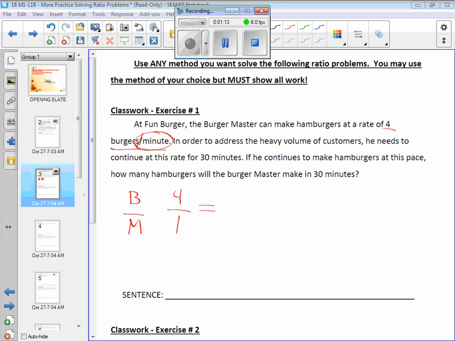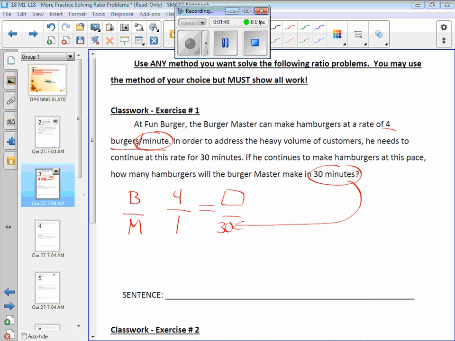What's the other number that they give you that you have to put into the fine part of the ratio? Top or bottom? Why? Since we've established minutes is bottom, 30 needs to go there. And what you're trying to find now becomes the top.